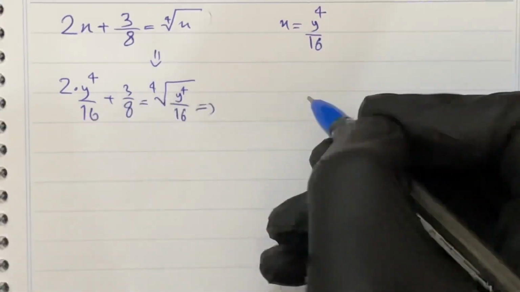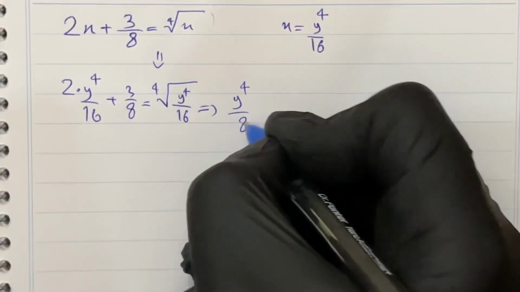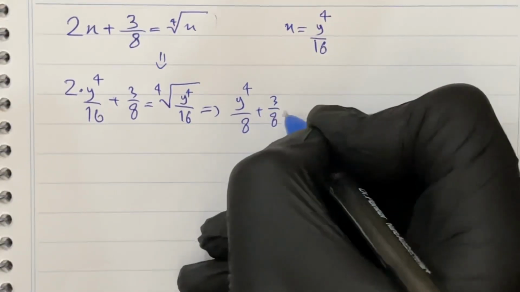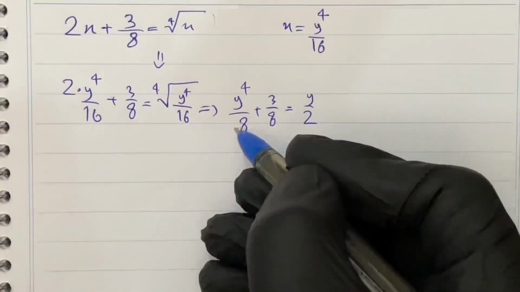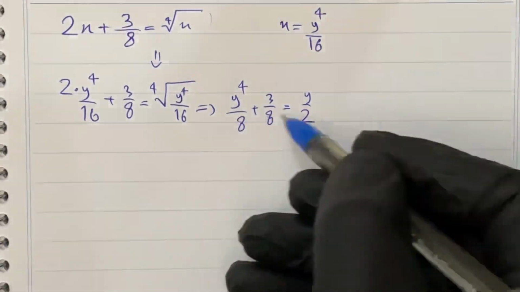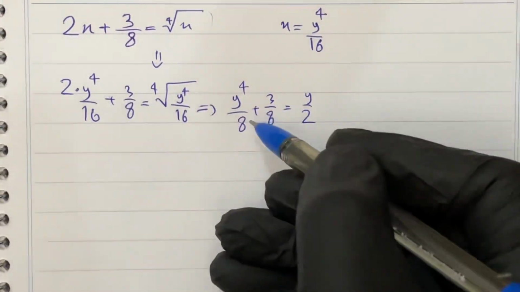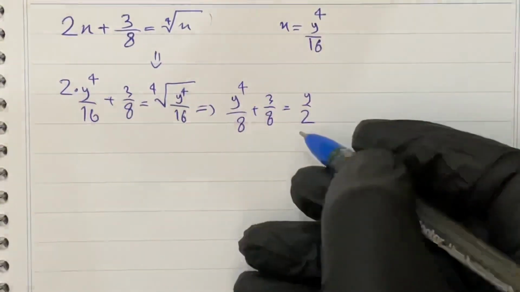And after simplifying, y^4 over 8 plus 3 over 8 equals y over 2. And now you see why I put 16 as a denominator. So we have an easier equation to solve and to simplify.